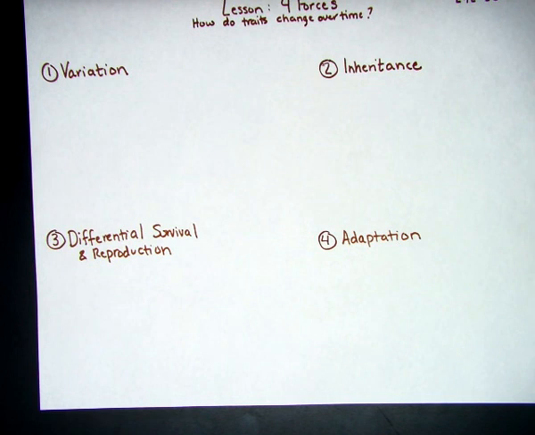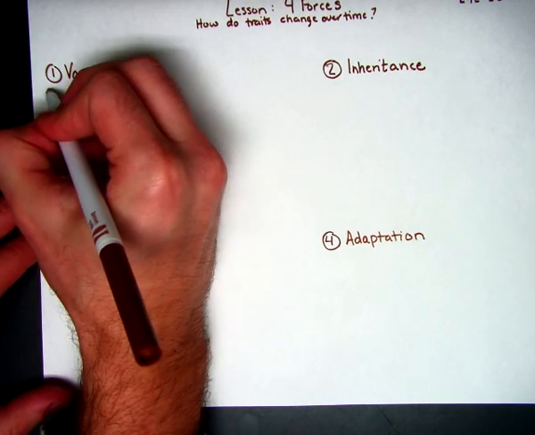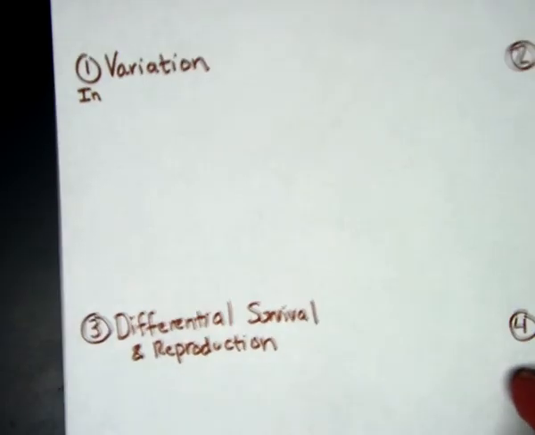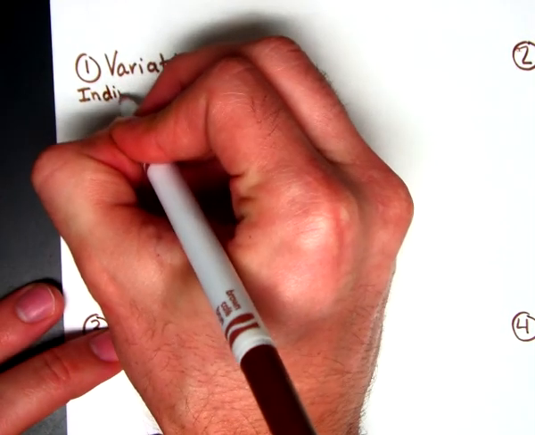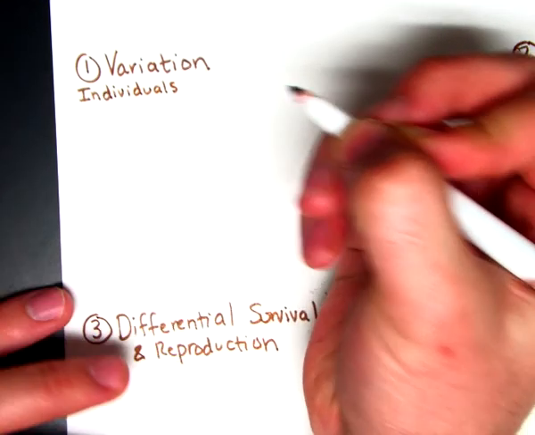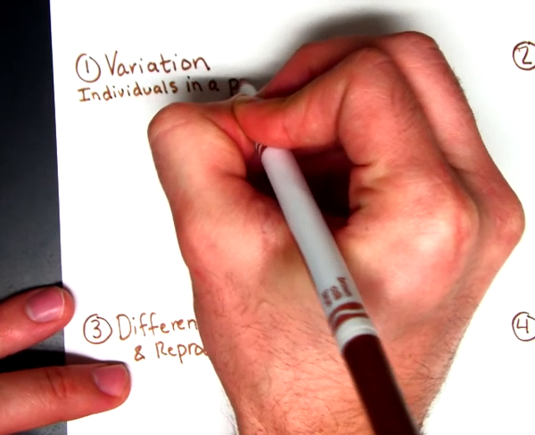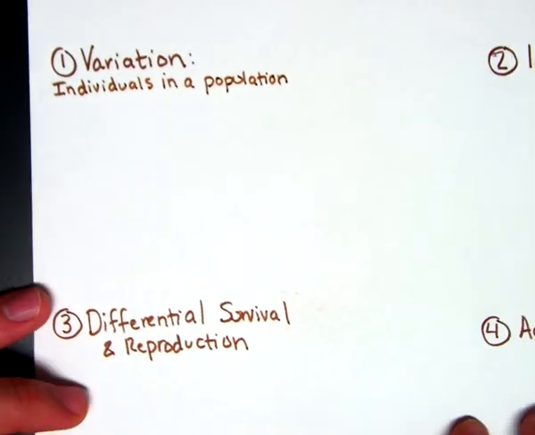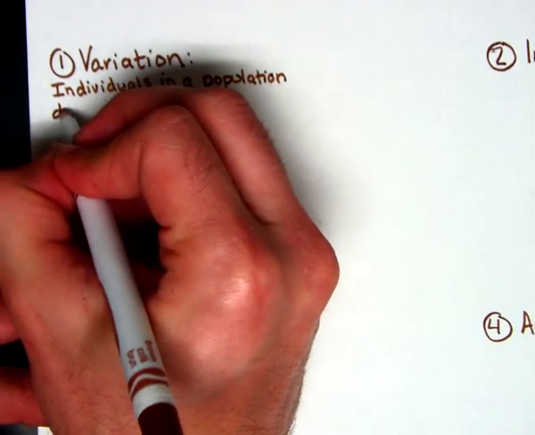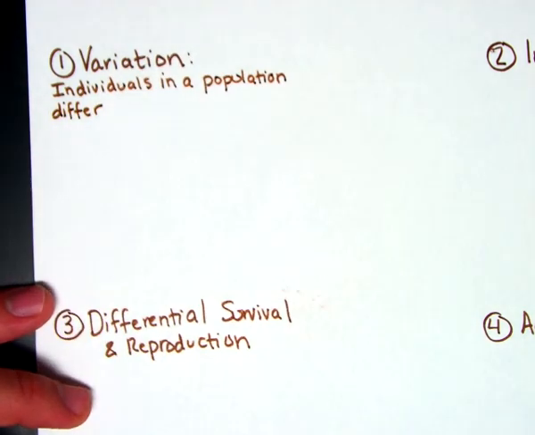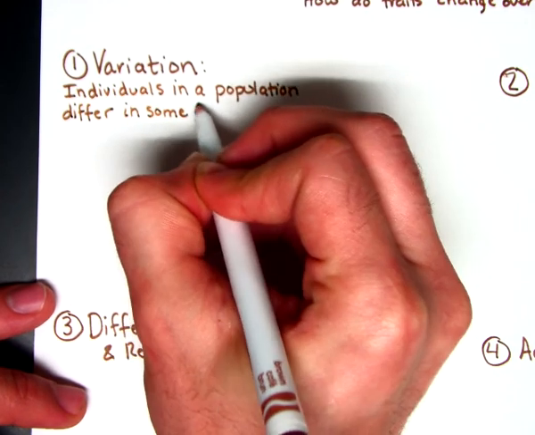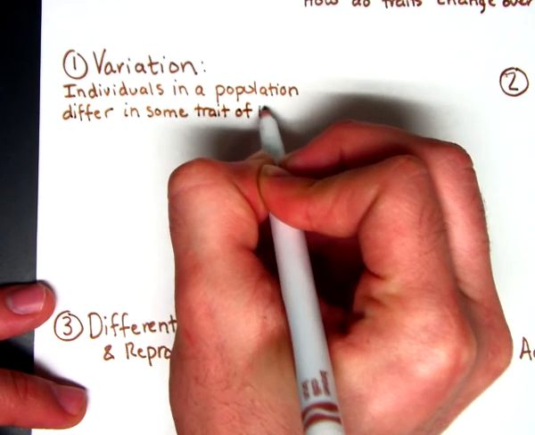So variation, in this model, they describe it as meaning that individuals in a population differ in some trait of interest.